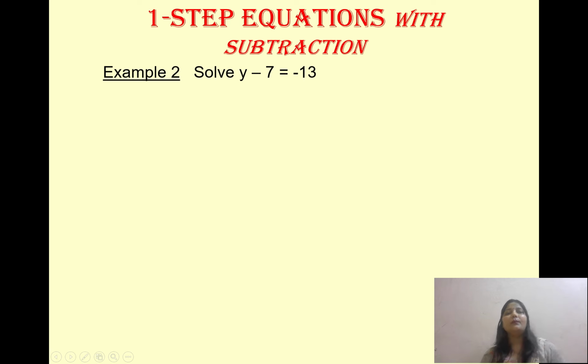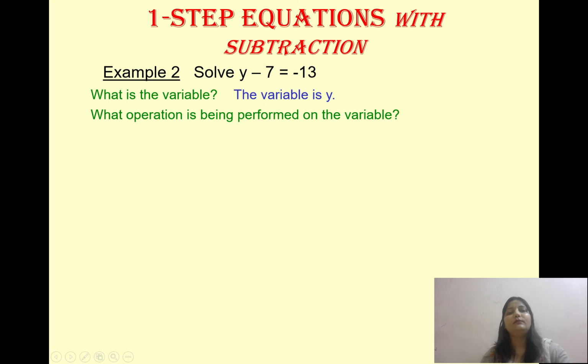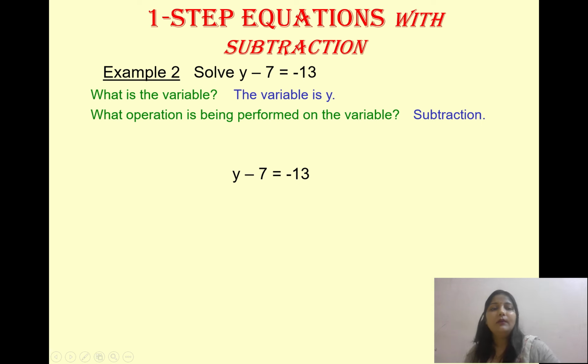Here we will do the operation with subtraction. We will solve the equation. What is the variable? The variable is p. What operation is being performed on the variable? The operation is subtraction. So how will you get the value of p?